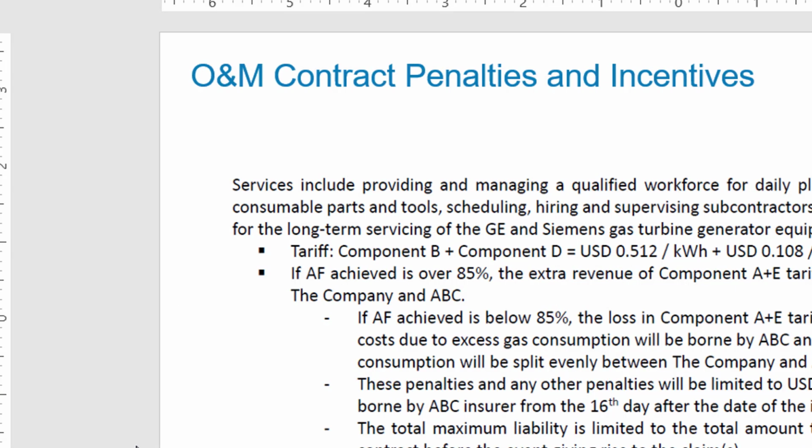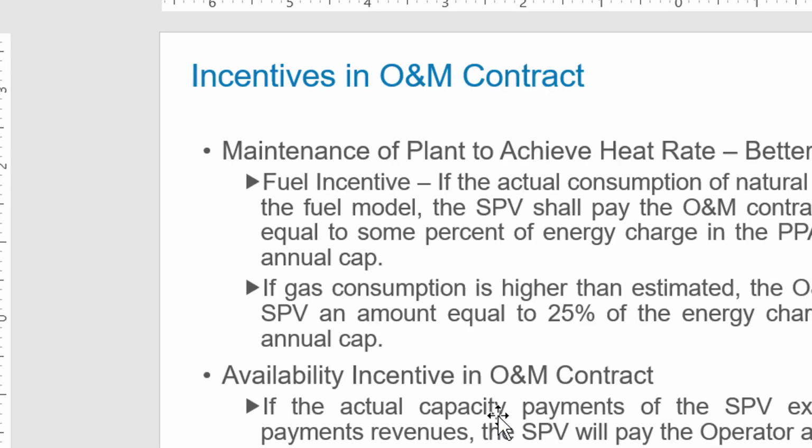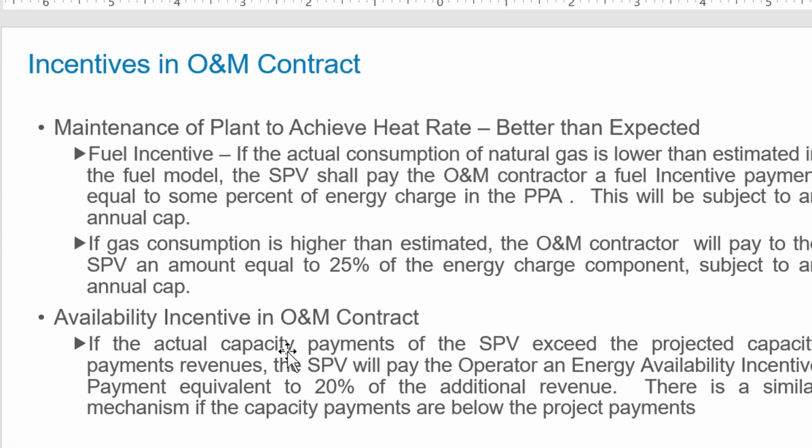Okay, and this then shows you some more O&M penalties, and if it's below that, it's okay, and then you get some bonuses as well as penalties, and you can see how they're kind of back to back, not perfectly.